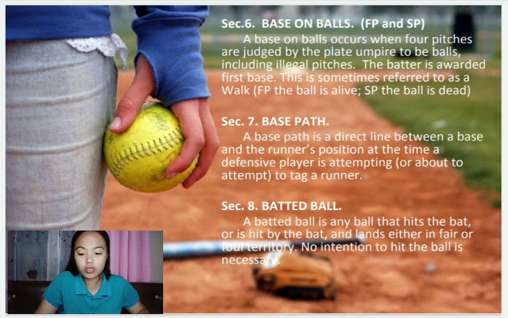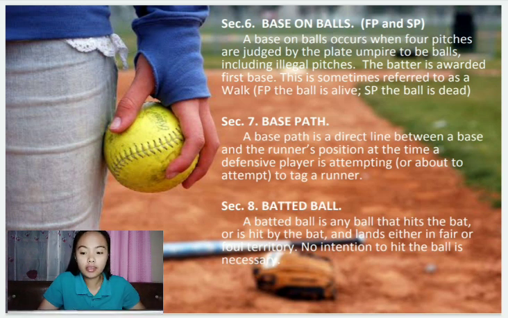A base on balls occurs when 4 pitches are judged by the plate umpire to be balls, including illegal pitches. The batter is awarded first base. This is sometimes referred to as a walk. On the first pitch, the ball is alive, but on the second pitch, the ball is dead.